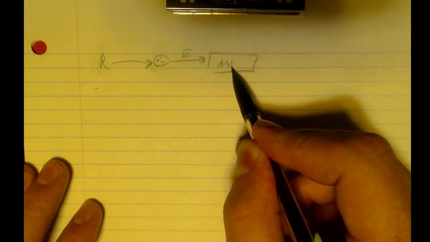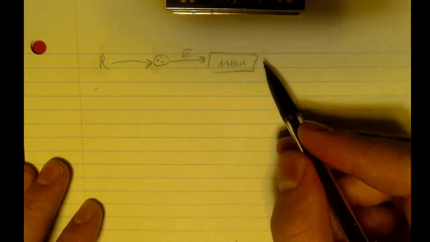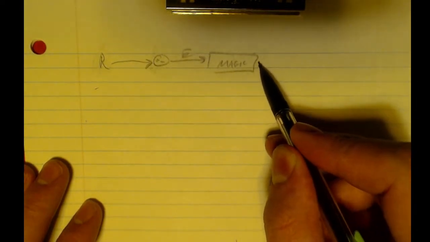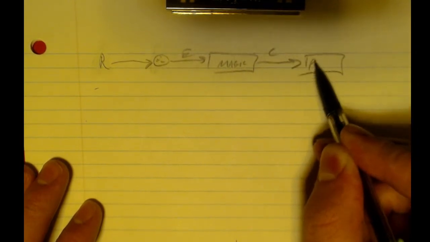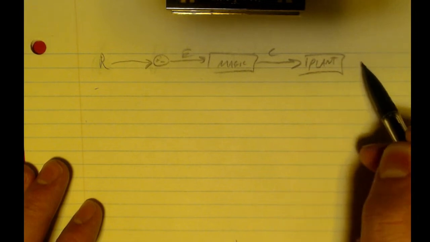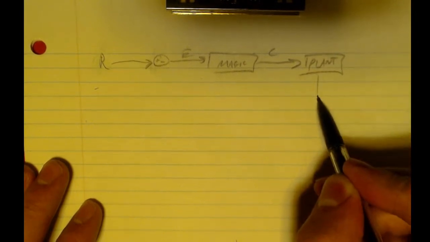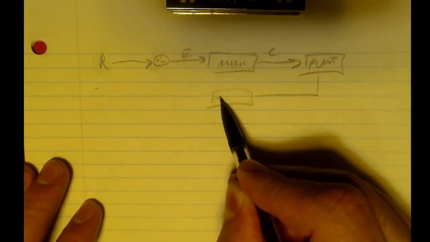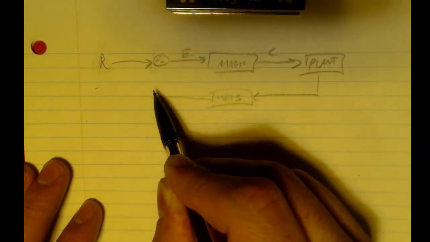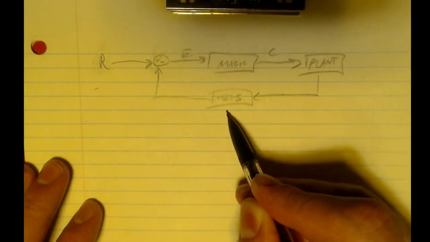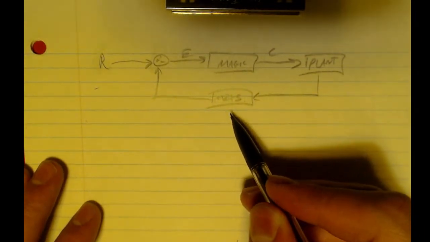Our magic goes in here, and then this is our control value, which goes into the plant, and then we have the measurement here, which, if we're lucky, is an identity function, but it almost never is.